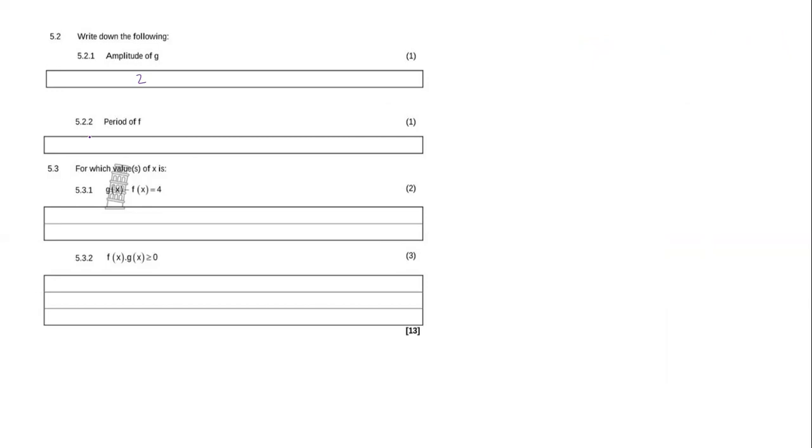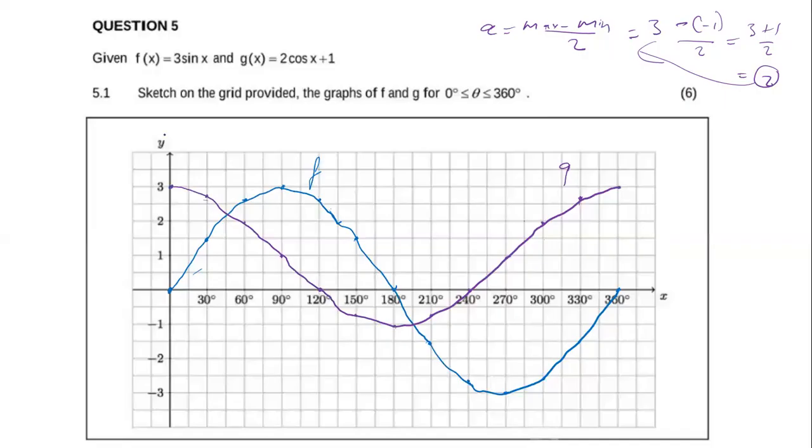And then 5.2.2 says, determine the period of f. Which f? This function. If we were not given the equation but were given a sketch, how do you see the period of a function? You look at the wavelength.